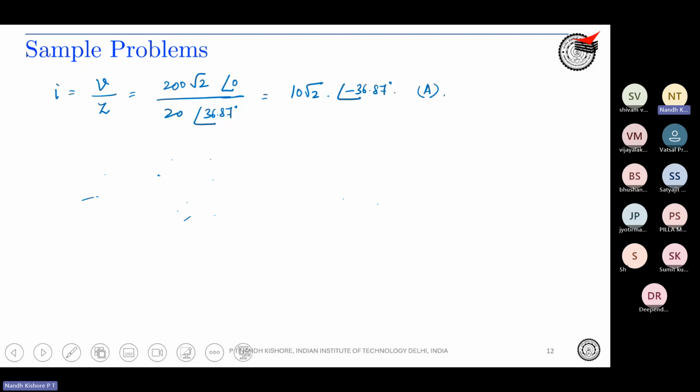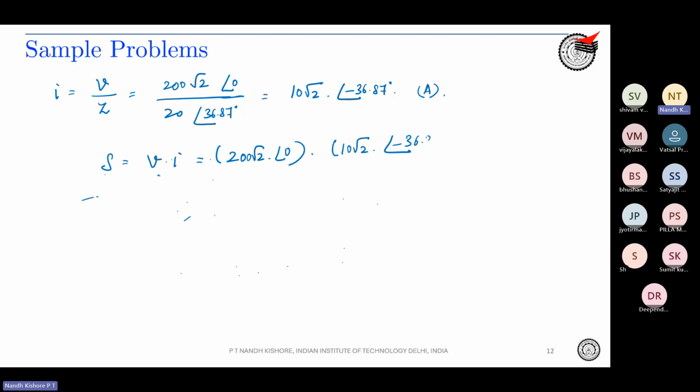So once I have got my current, I can write my apparent power is equal to V into I, right? V is 200 root 2 angle 0 multiplied by 10 root 2 angle minus 36.87.